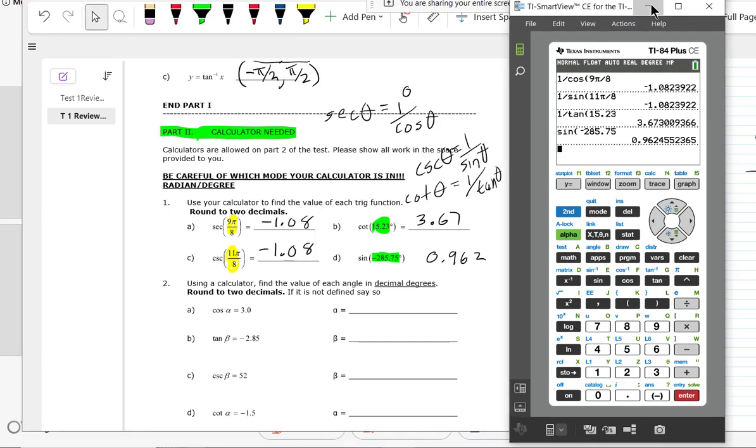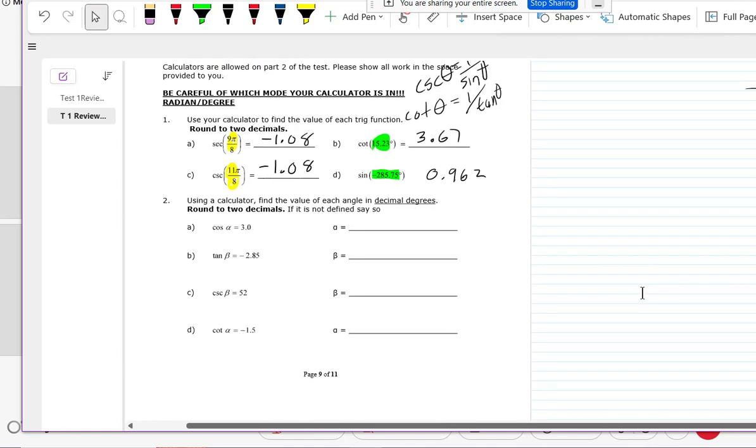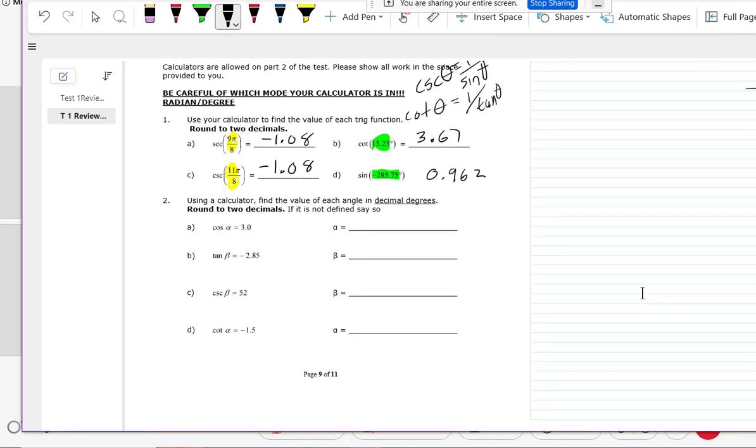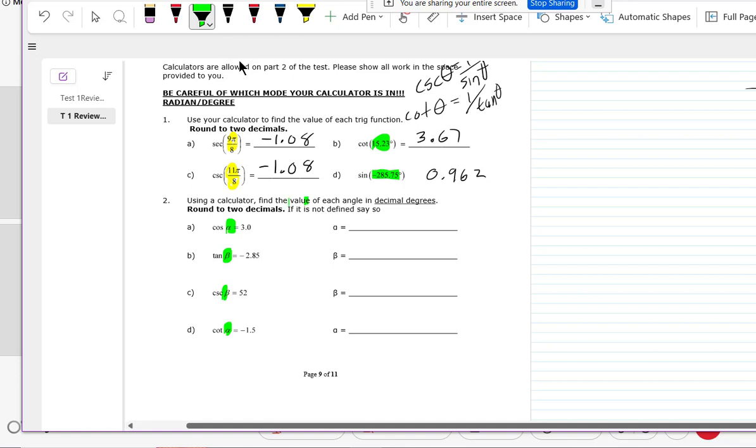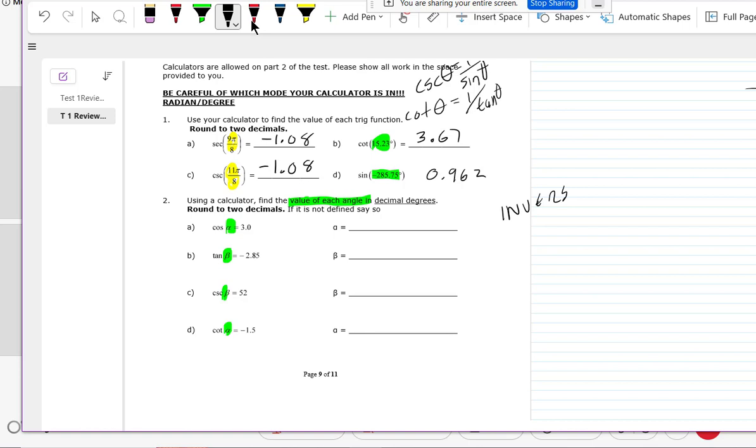The next thing that you want to make sure that you know how to do is inverse trig functions. So this one is asking you for the angle such that the cosine is 3. This one is asking for the angle beta such that the tangent is negative 2.85. Whenever I'm asking for an angle, like alpha and beta, and you're finding the value of each angle, that tells you that you're going to use the inverse trig function.